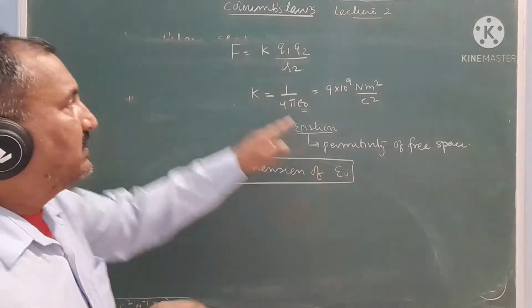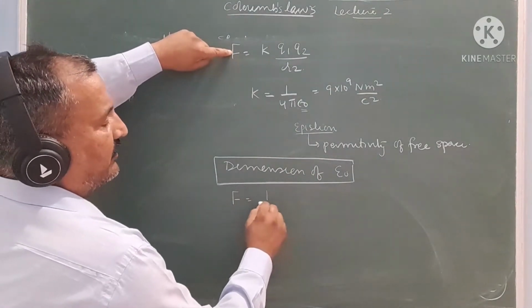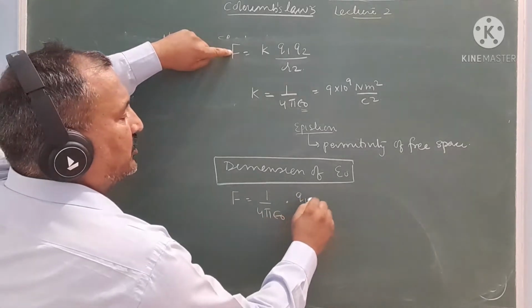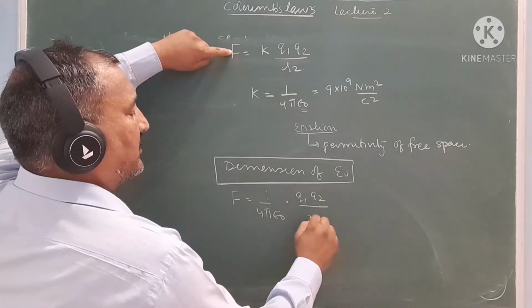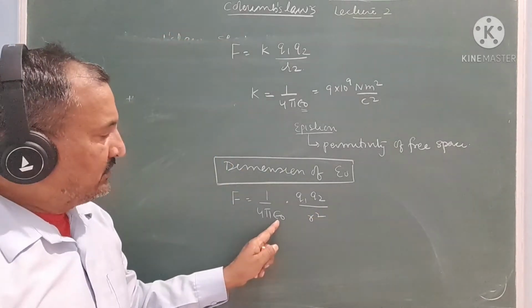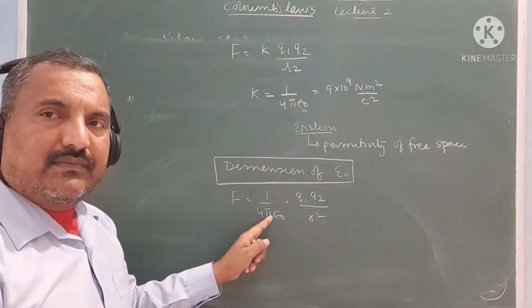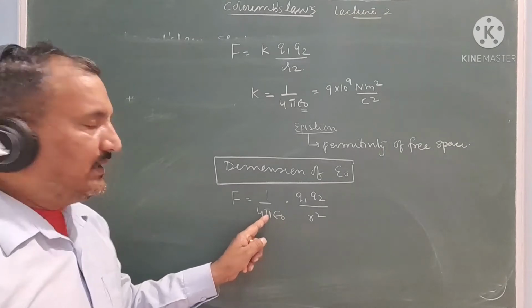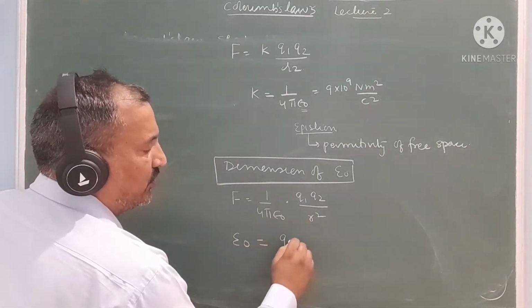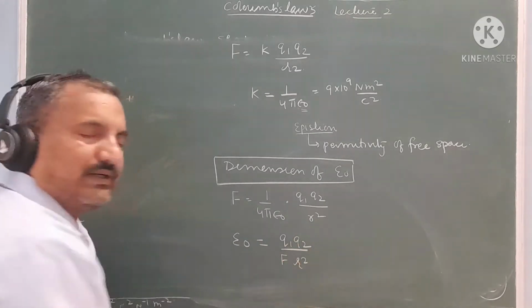To find this, what is the force? Force is equal to 1 upon 4 pi epsilon 0 Q1 Q2 upon R square. You have to find epsilon 0. So this is a constant, leave it like this because it is a dimensionless quantity. So epsilon 0 is equal to Q1 Q2 upon 4 pi F R square.